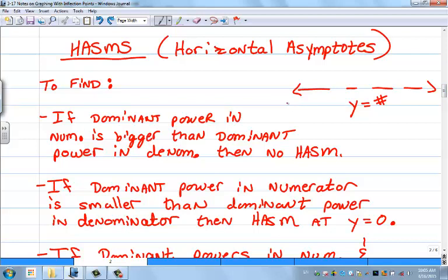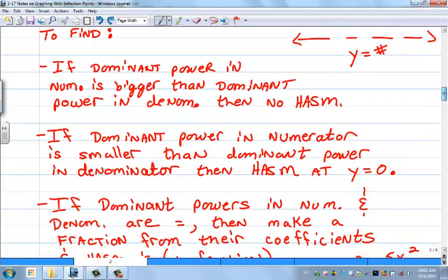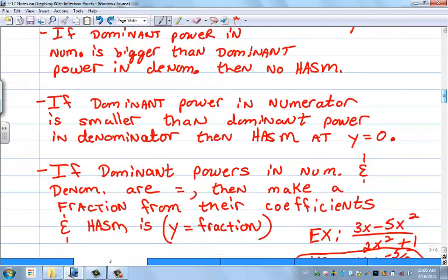To find these horizontal asymptotes, this is a really simple thing that you should recall. If the dominant power in the numerator is bigger than the dominant power in the denominator, then there's no horizontal asymptote.